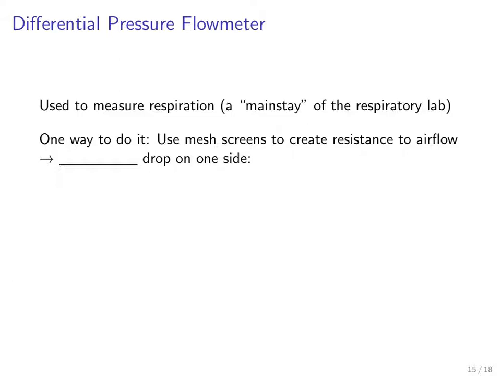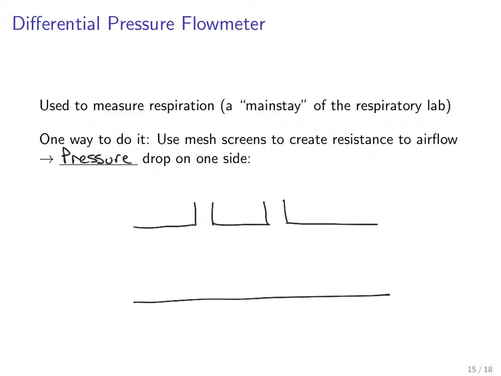One way to do it is to take a tube and put a mesh screen right in the middle of it, to create resistance to airflow, which creates a pressure drop across it if air is flowing. So this would look like the following. You'd have two ports on this tube. Flow could be going either direction.